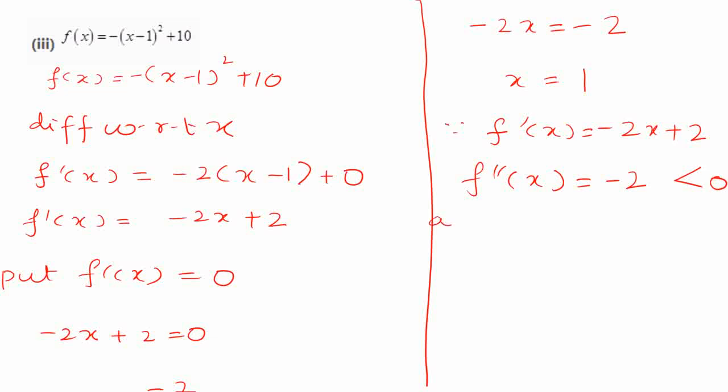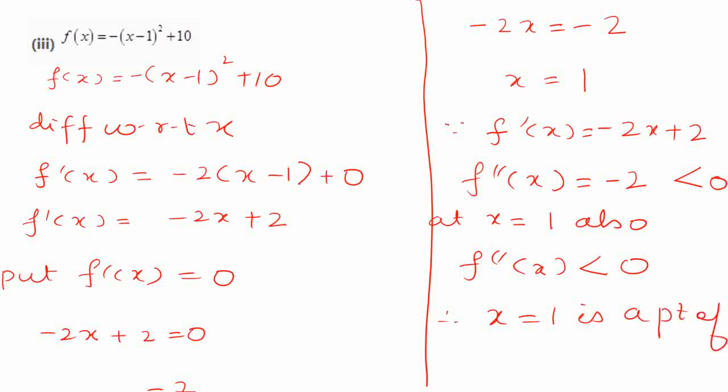So at x equal to 1 also, f double dash of x will be negative. Therefore x equal to 1 is a point of local maxima. Okay, and we can say there is no point of local minima.